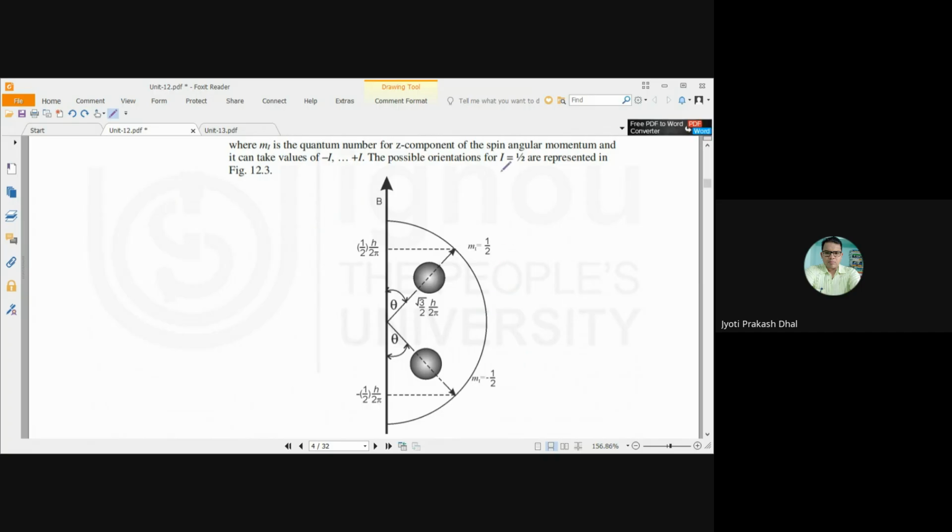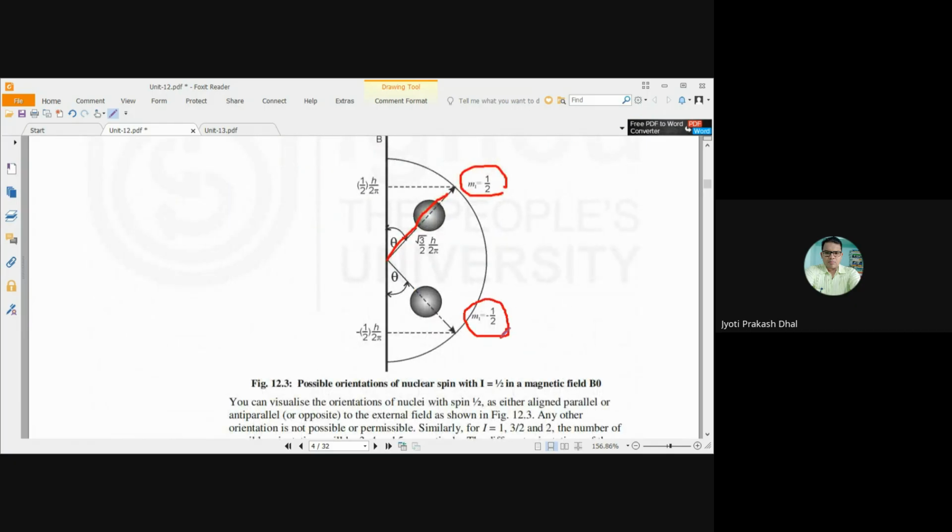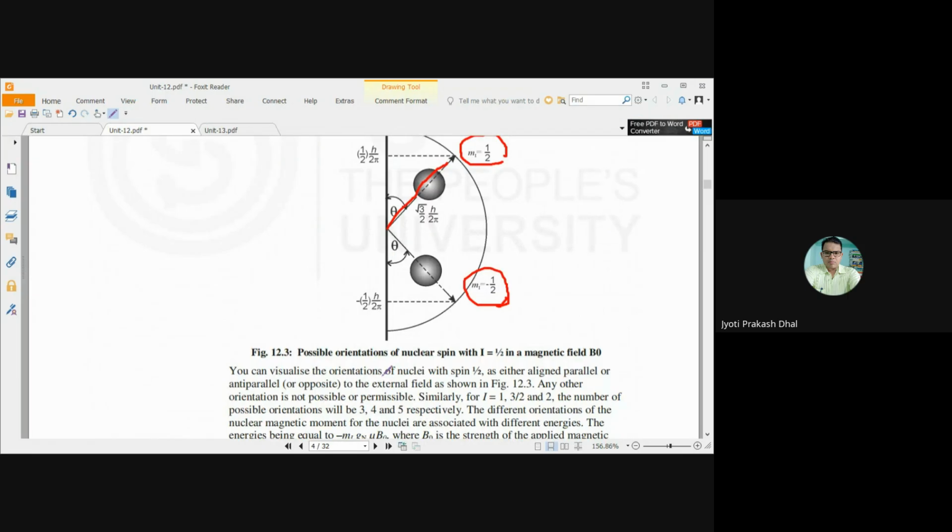So here I equals half means it will have plus half. This is the orientation for plus half, and this type of orientation for minus half. So it will have two possible directions, two possible orientations.